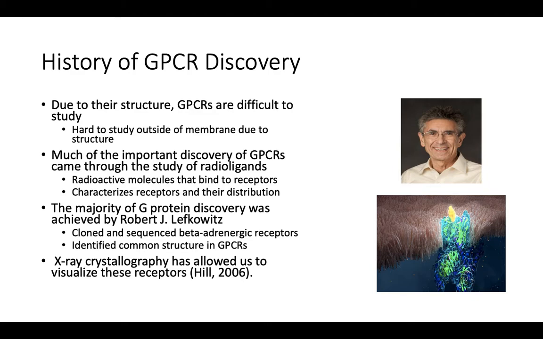He was able to identify certain common structures in GPCRs and distinguish them. Another important advancement in technology with GPCRs is X-ray crystallography, a way to visualize the protein in 3D through the use of X-rays. It's allowed us to visualize these receptors much more effectively.